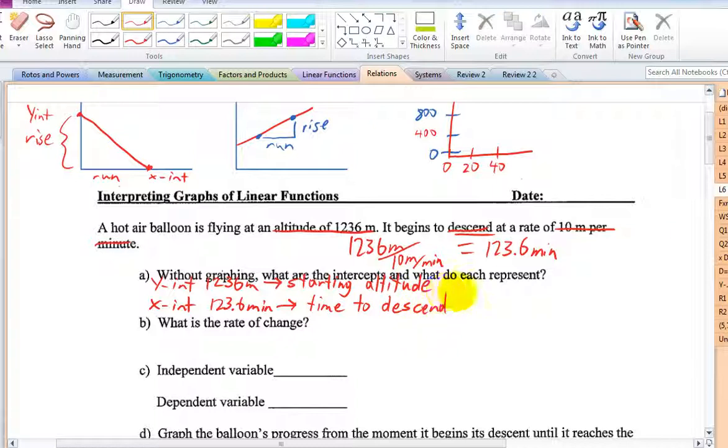Okay. Now the balloon has landed. So the balloon starts in the air and it goes down and lands. X is your time. What is the rate of change? It says it begins to descend at a rate of 10 meters per minute. What's the rate of change?